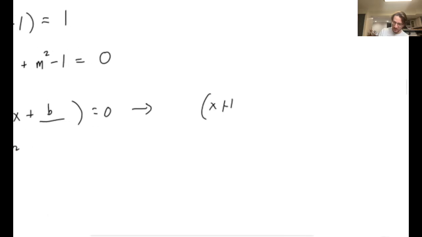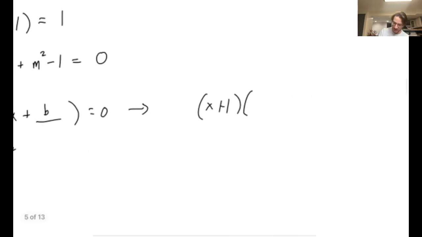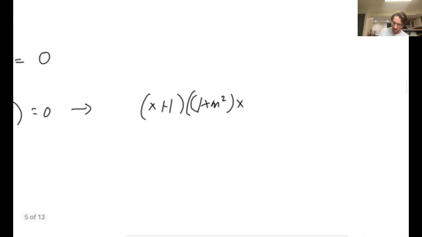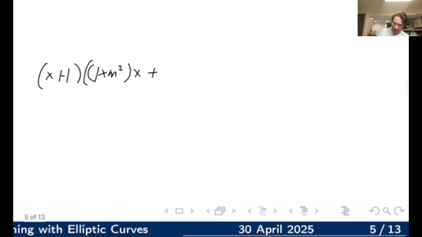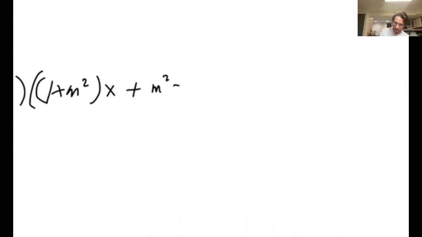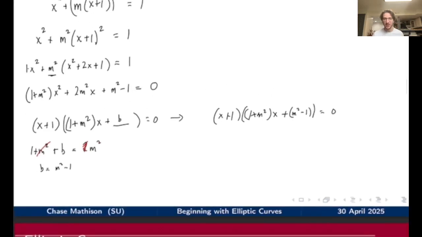So we have this, and you can go ahead and write this out: (x plus 1) times ((1 plus m squared) times x plus m squared minus 1) equals 0. You can FOIL this out, and you'll see that we get the correct thing. I don't even need to actually do that foiling.